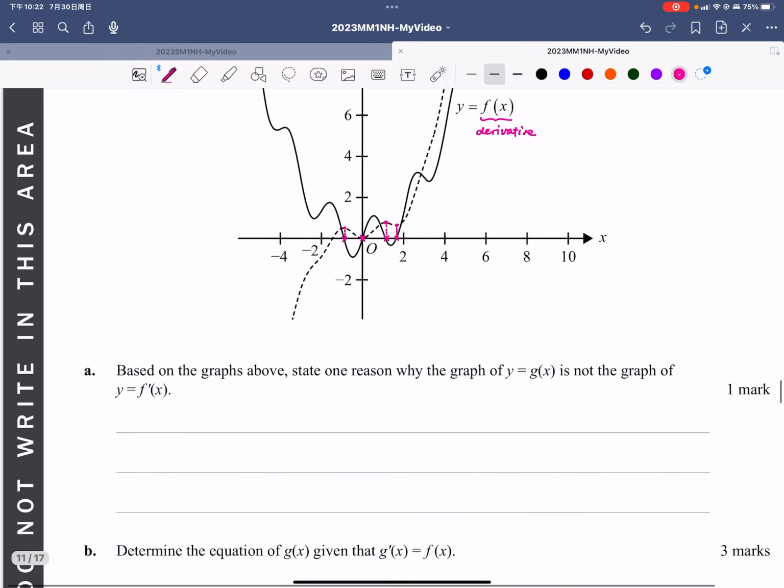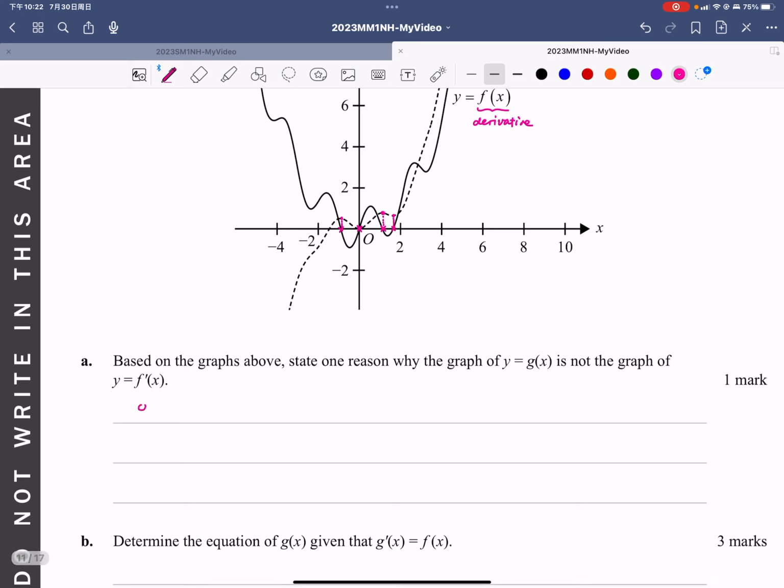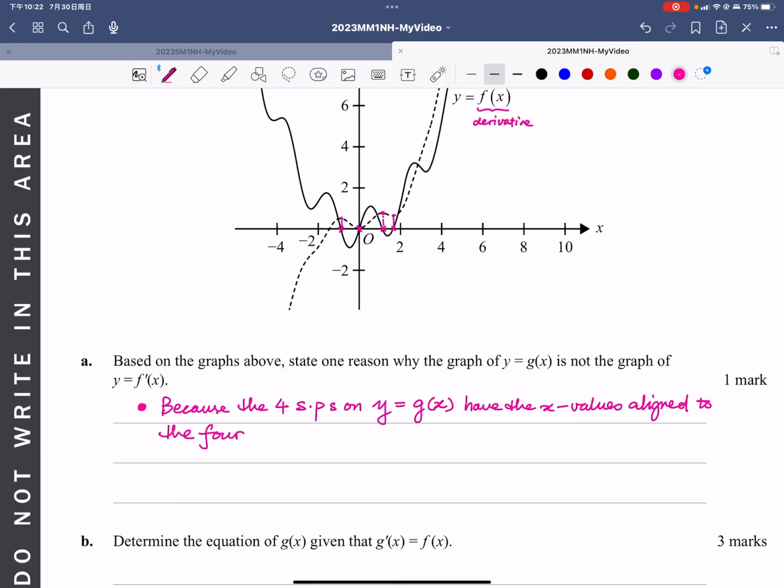So because the 4 stationary points on y equals to g of x have the x values aligned to the 4 x-intercepts on y equals to f of x.